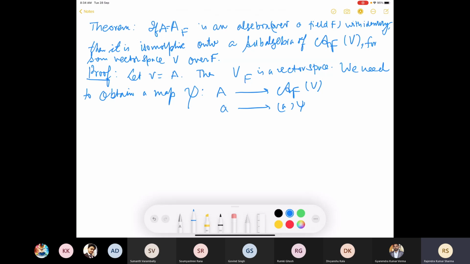Homomorphism means, since it is a vector space, that it preserves sum as well as scalar multiplication, and as a ring also it should preserve the product, which should be an algebra isomorphism.